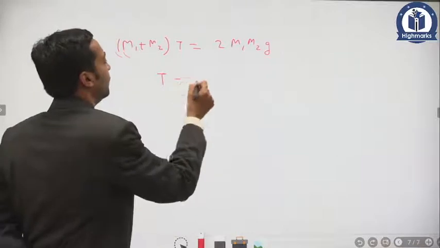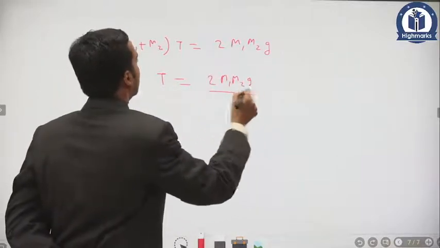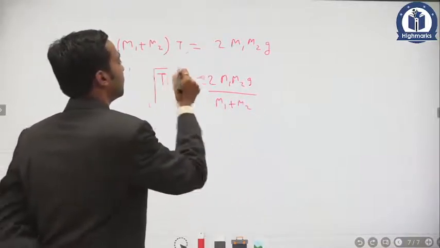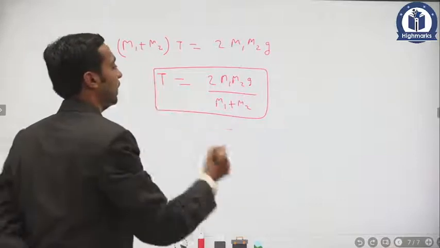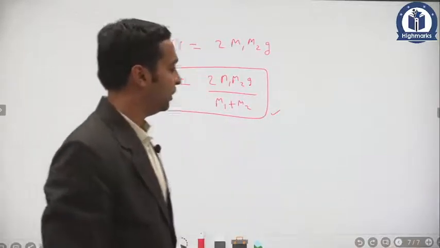So we will get value of tension is 2 M1 M2 into g upon M1 plus M2, right? So this is the value of tension for the Atwood machine.